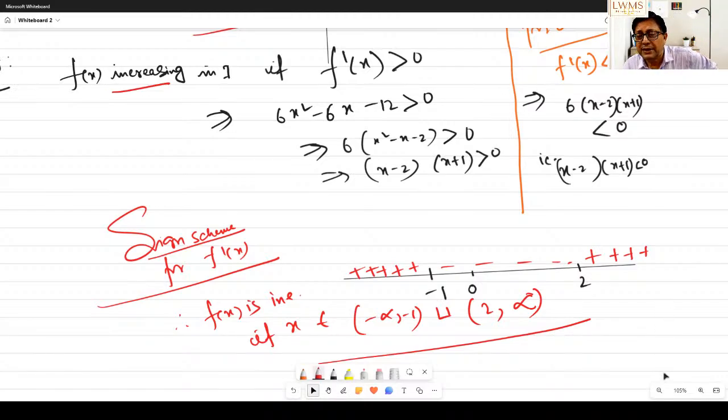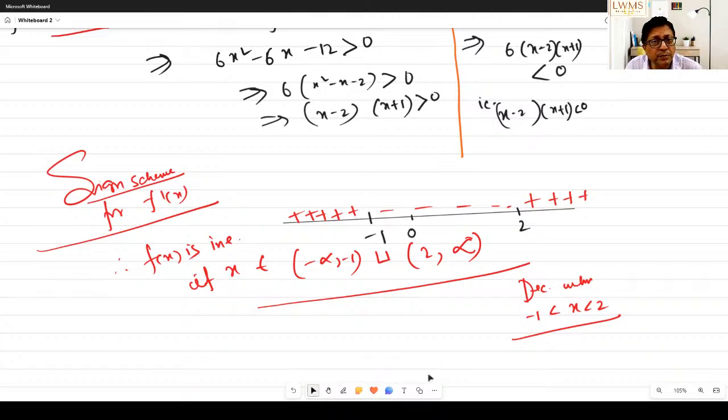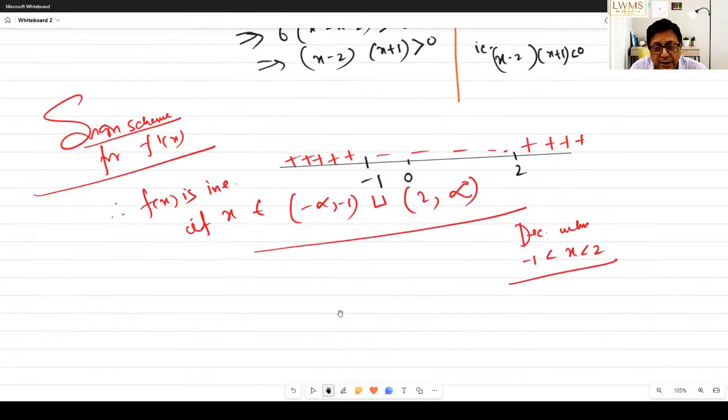And it will be decreasing when x is greater than minus 1 and less than 2. Alright. So this is one polynomial function we have solved in detail.